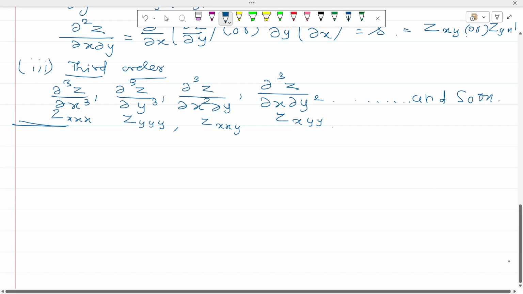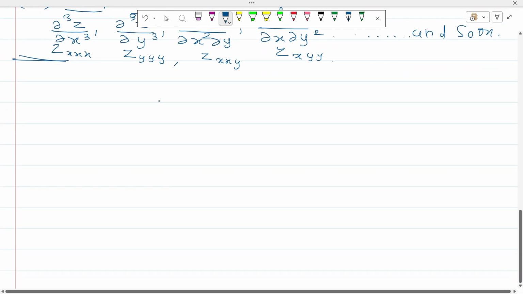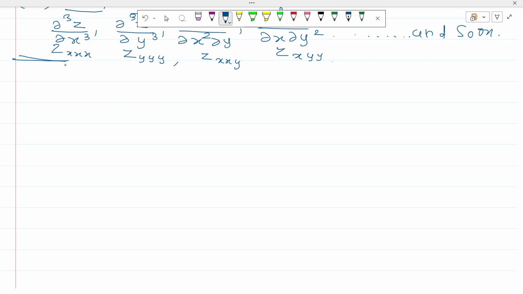Okay. Now we can see how to find the partial derivative problems. For example, first problem we can take. Let f of x comma y equal to x cube y plus y square x plus 7.